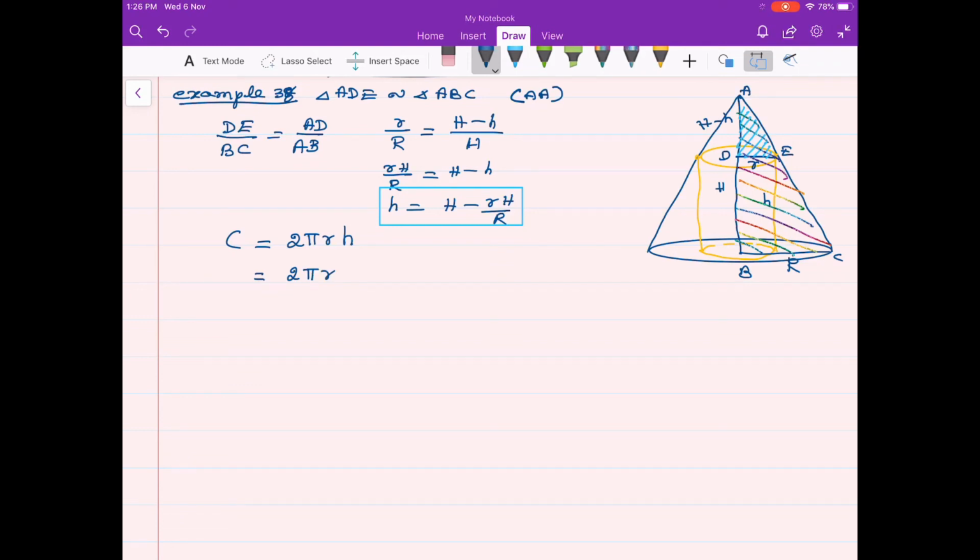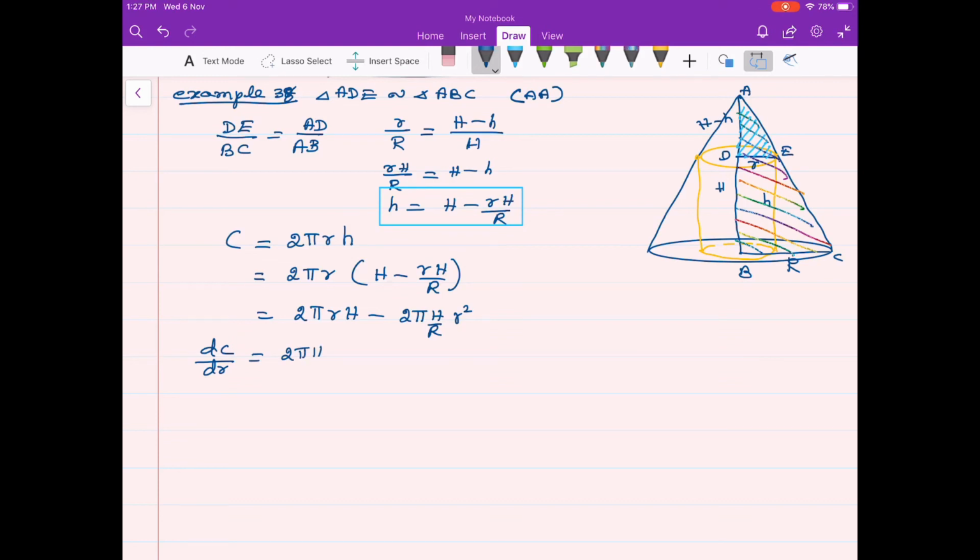We can substitute for r also, but we have to get a result in terms of radius. That is why I am eliminating h. H minus rH by R. Open the brackets to avoid product rule. The variable here is small r. Let us differentiate with respect to r.